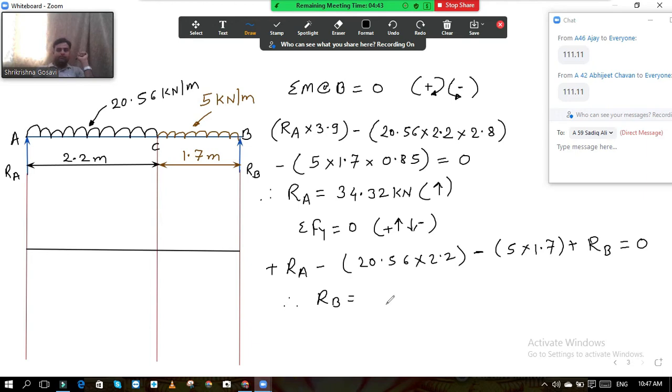What is the answer? RB. What is the value? 19.41.